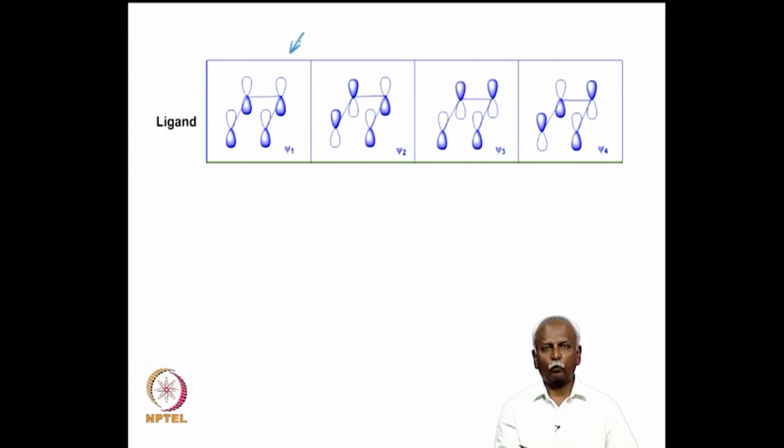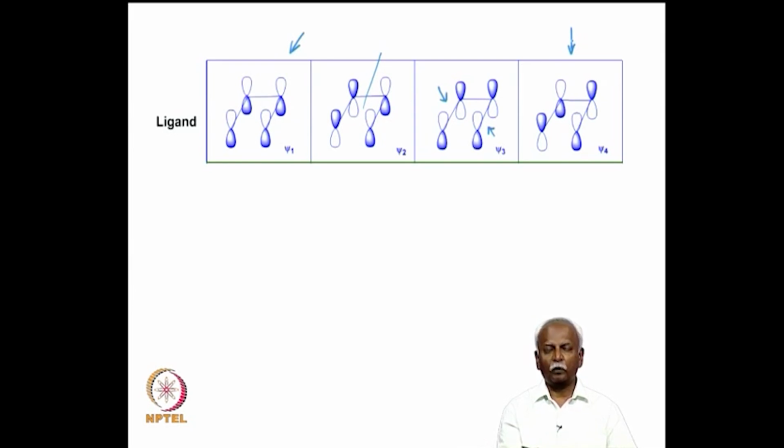It has the phase of all 4 p orbitals the same, and so you have no node in the pi orbital manifold. And secondly, you have a system where you have a single node, denoted here as psi 2, and then the third molecular orbital has got two nodes, indicated here. Then the orbital which has got 3 nodes is the highest energy orbital, that would be generated, but that would be vacant.